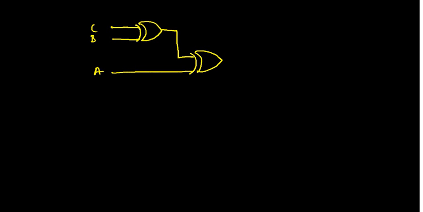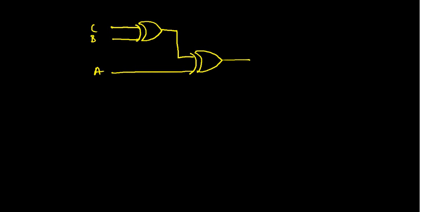Look here, A and the second XOR, sorry, its output, this XOR, like this, and isn't it? So A, B and C, that's it.